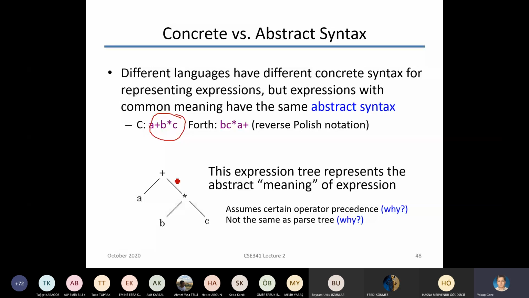You see an example here. If you are able to go from the concrete syntax to this expression tree that I have here, then the meaning can be easily extracted with a bottom-up type of evaluation.